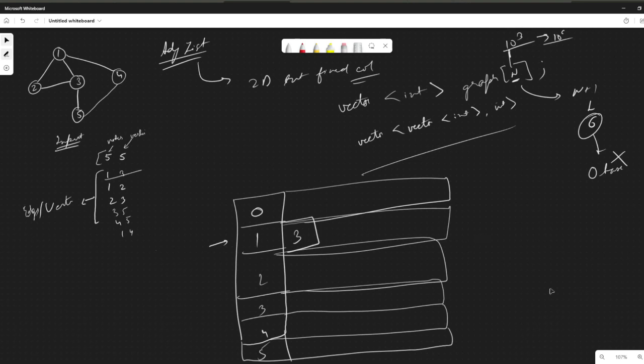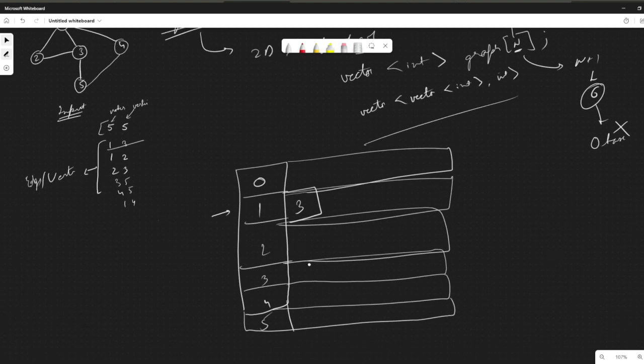Along with this we have to consider both indexings, because this is a bidirectional graph. If it is directional, then we consider only 1 3 or 3 1. It's simple.